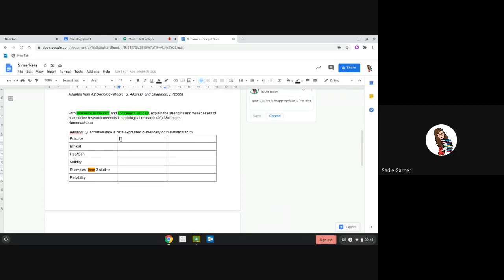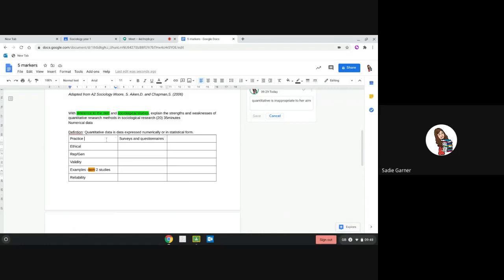Practical strengths. Okay, the practical strengths are quantitative methods like questionnaires and surveys.